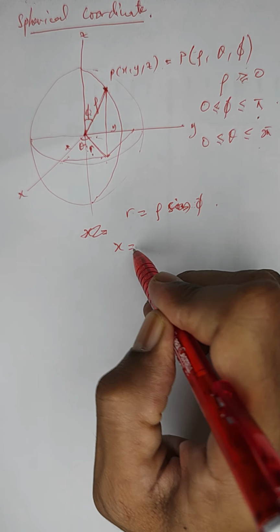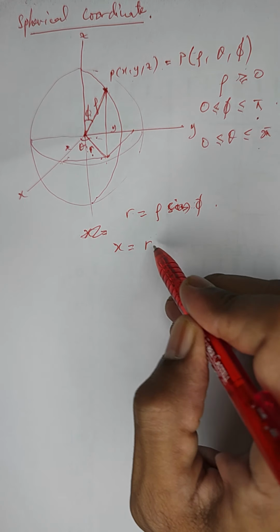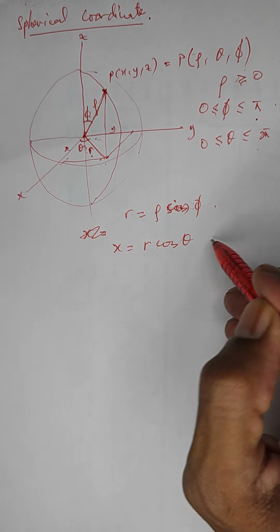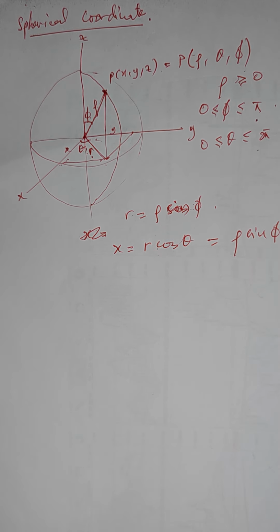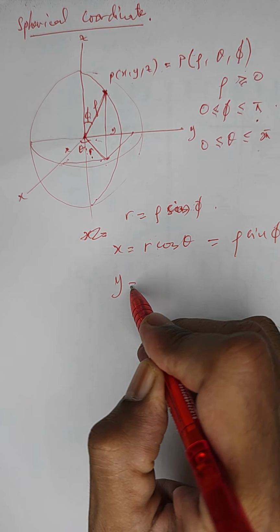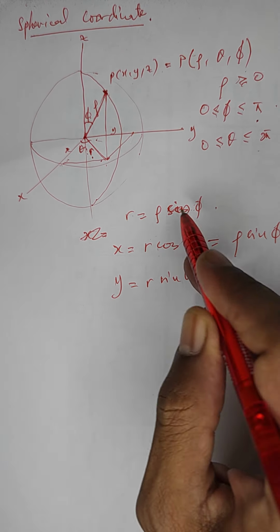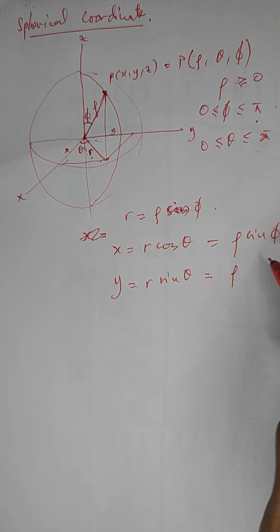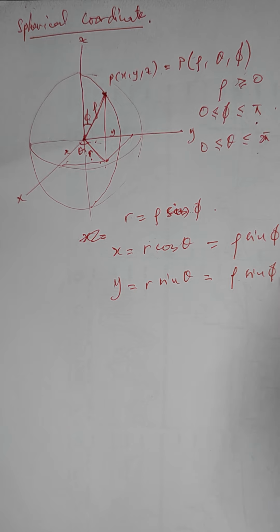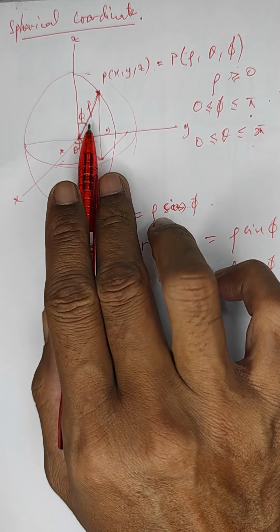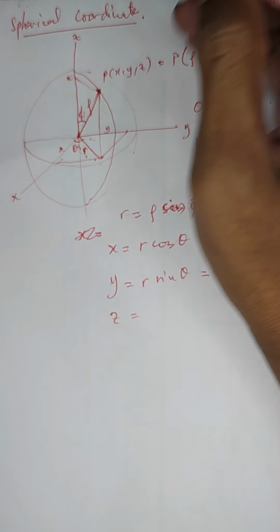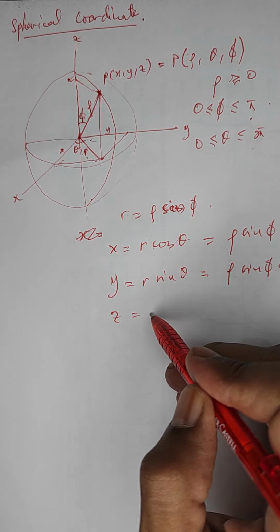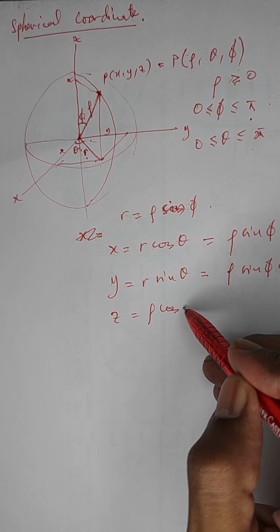Therefore our x is r cos theta, which is rho sin phi cos theta. What about y? y is r sin theta, and our r is rho sin phi, so we have rho sin phi sin theta. And z is rho cos phi.